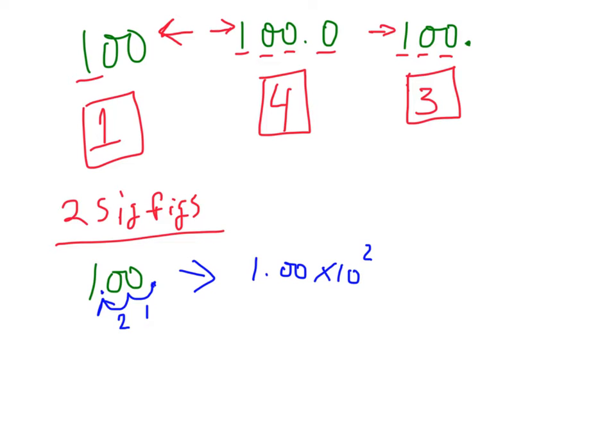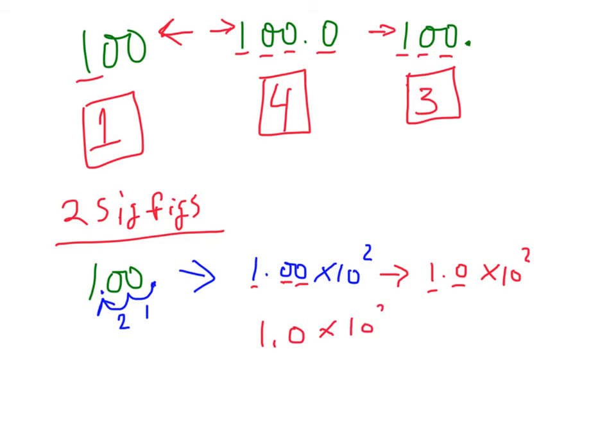Now this has 3 sig figs. We only want 2 sig figs, so our final answer then becomes 1.0 times 10 to the second. That is the number 100 with just 2 significant digits. Let's check that out, make sure that you understand.